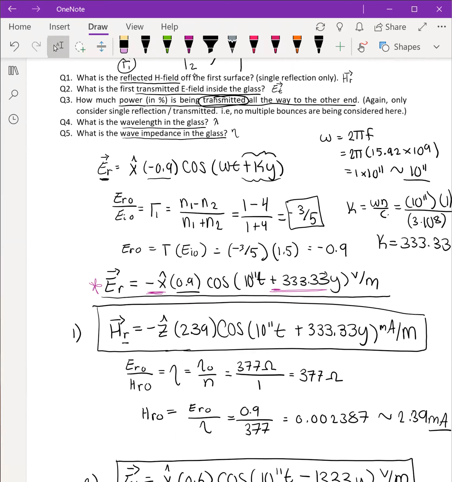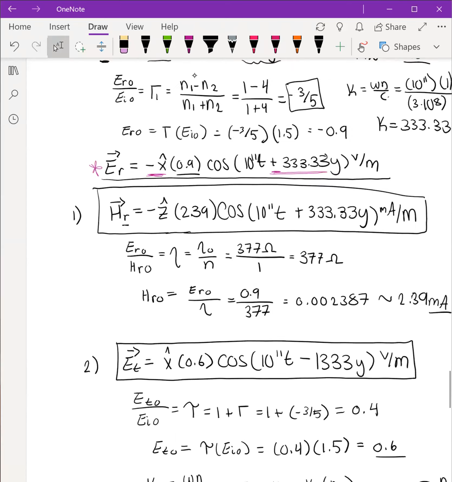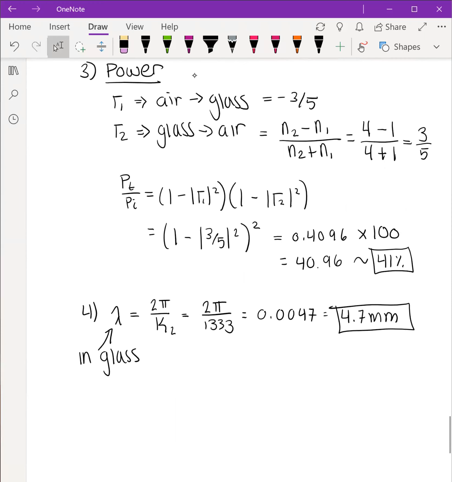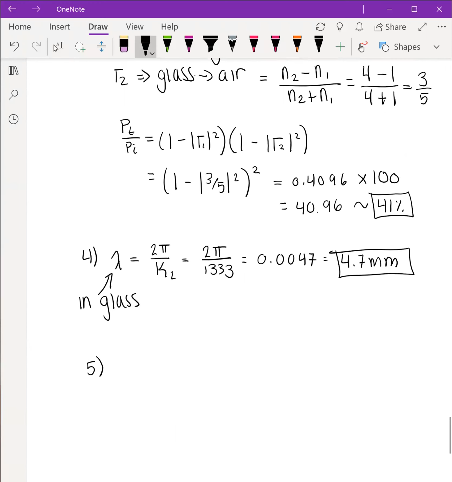Question 5 is, what is the wave impedance in the glass? The wave impedance is eta, and again, specific to glass. This is equal to eta naught divided by n, as we said earlier. Eta naught is the wave impedance in vacuum, so that's 377 ohms.